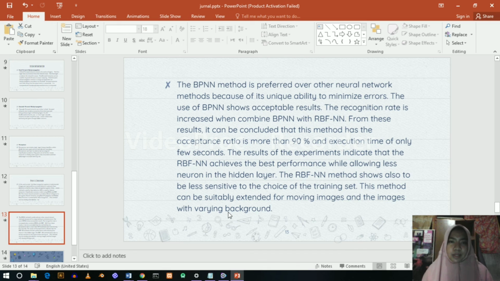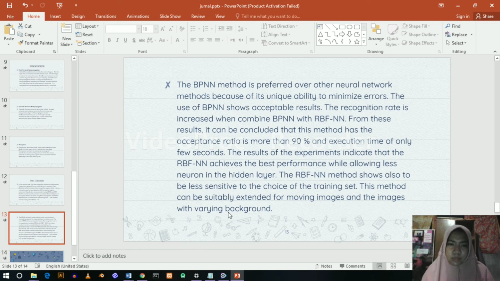The BPNN method is preferred over other neural network methods because of its unique ability to minimize errors. The use of BPNN shows acceptable results. The recognition rate is increased when combining BPNN with RBFNN.